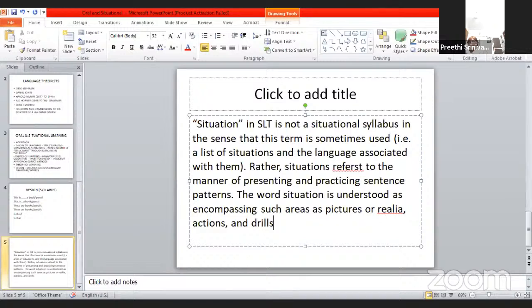Then you have types of learning and teaching activities, learner roles, teacher roles.